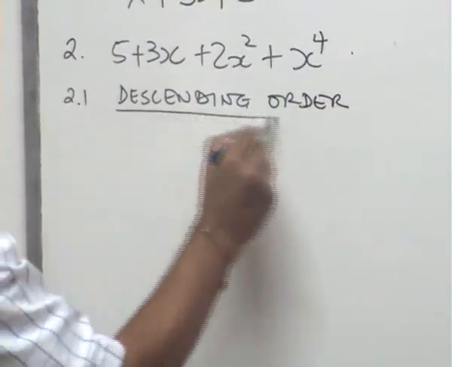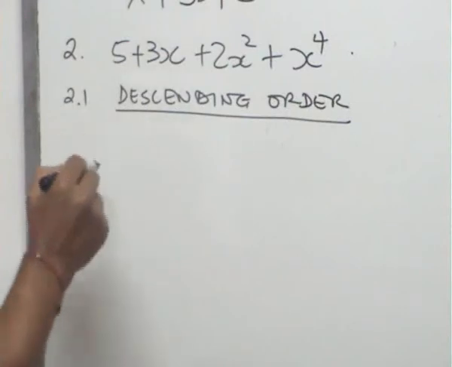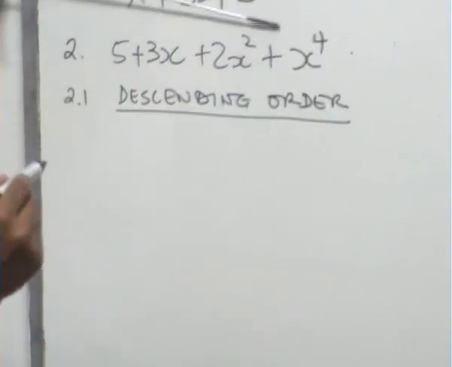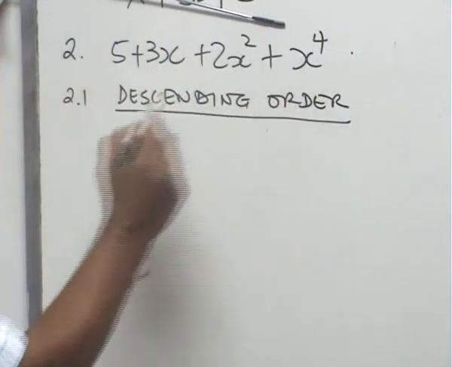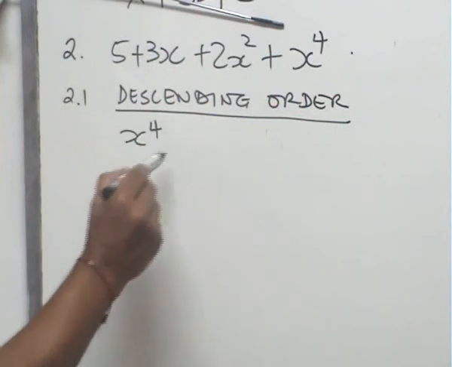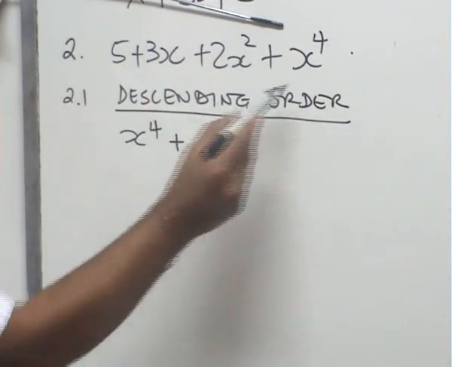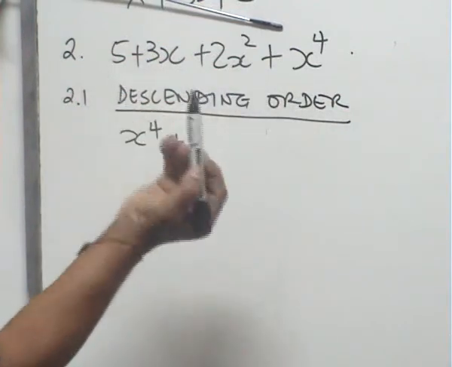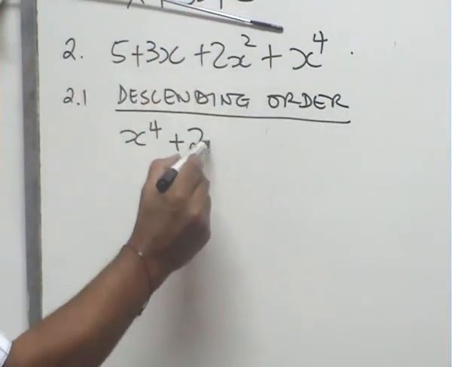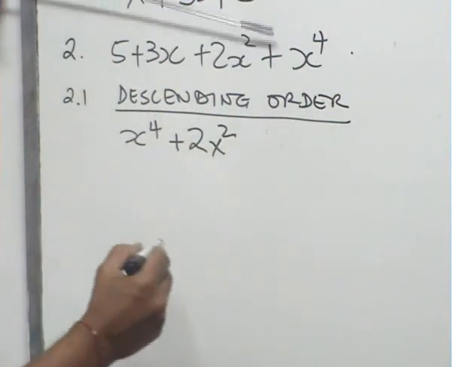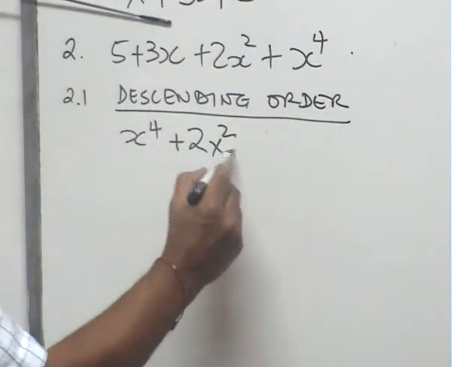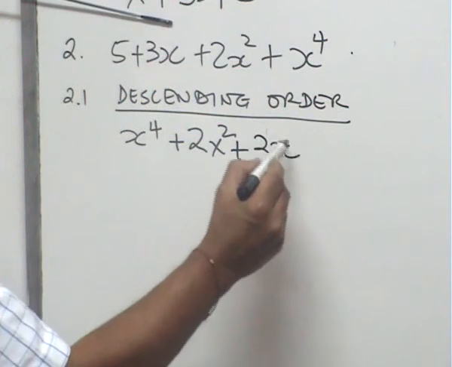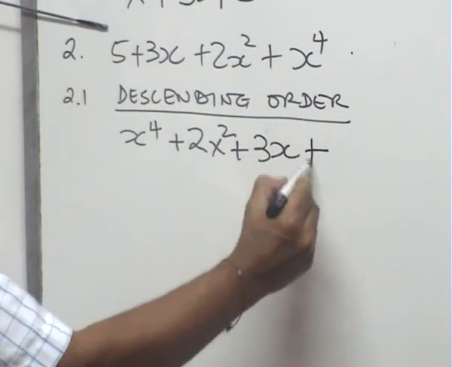Descending order means I must first write the highest power here. So the highest power here is, you read them all, x to the 4. Then you are looking for x cubed. Well, there's no x cubed here, it doesn't matter. You can leave that out. And then you come to plus 2x squared, then you come to plus 3x, and then you come to plus 5.